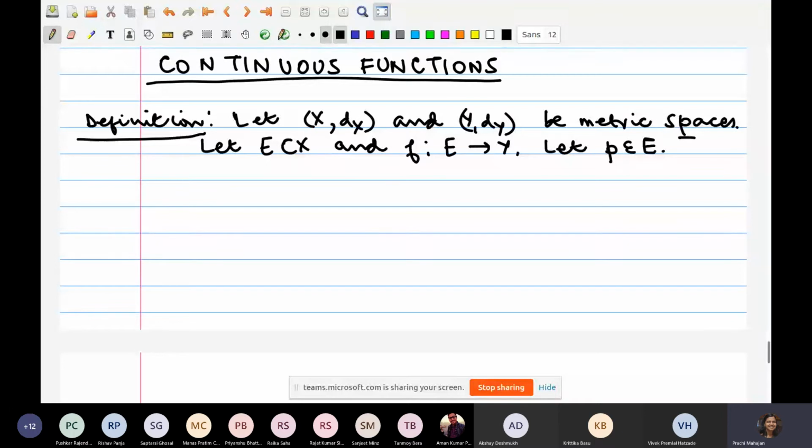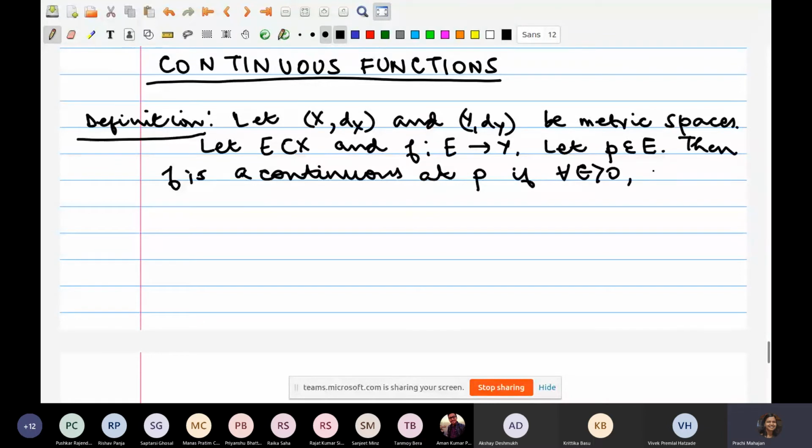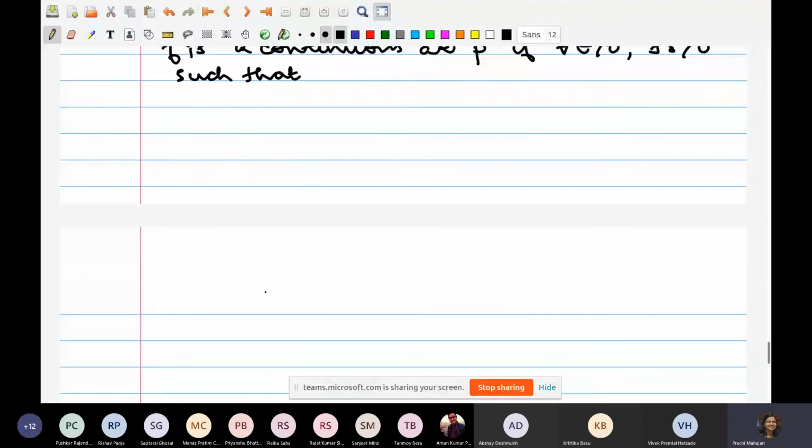So then we say that f is continuous at P if for every positive epsilon there exists a delta such that, let me draw a picture here first.